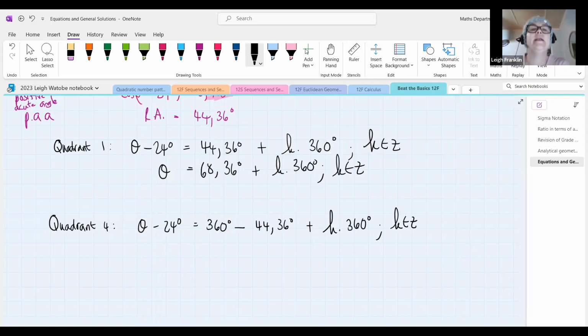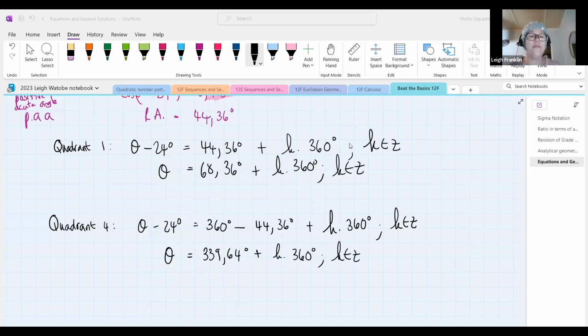And again, we need to collect our like terms together. Okay, don't round off to one decimal place or no decimal places. That's good. So it's 339,64. It must be two decimal places. Plus K times 360. K is an element of the integers.